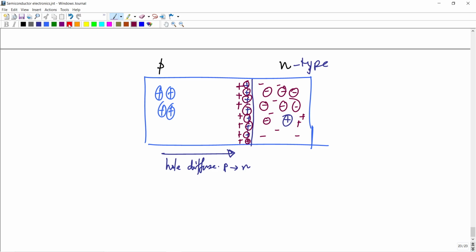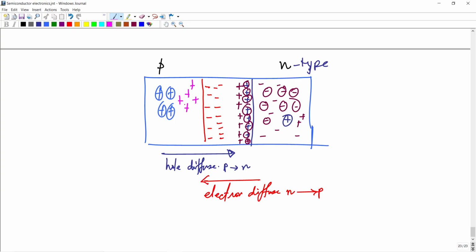Now you see a similar concept: electrons diffuse from N to P, in that direction. So there is an electron here, and here is a plus, obviously, huge plus in P type.